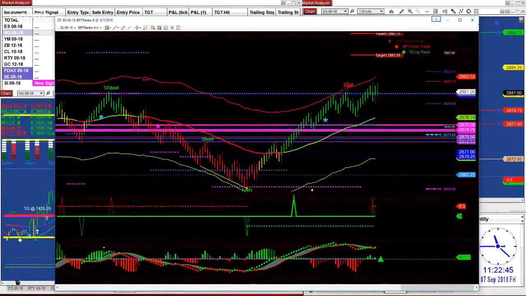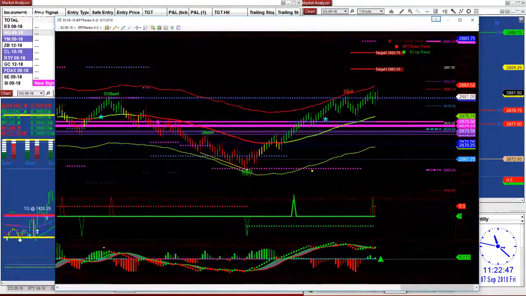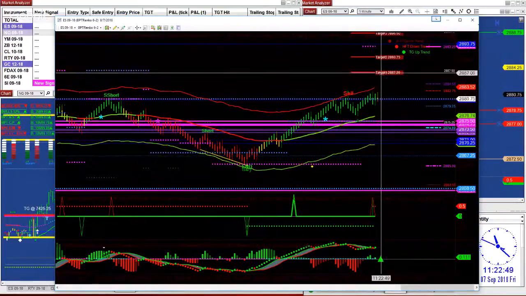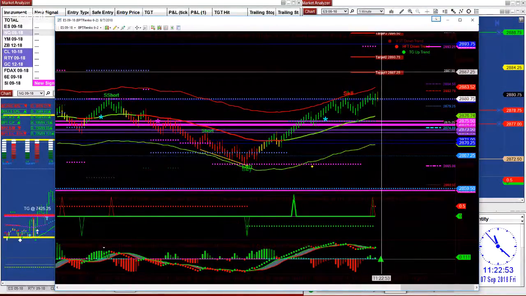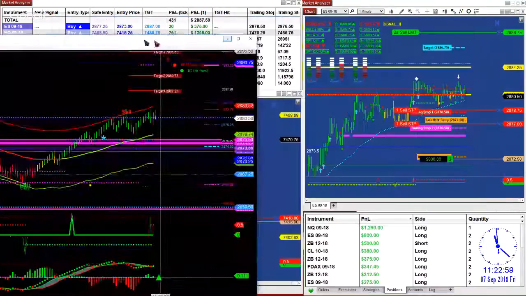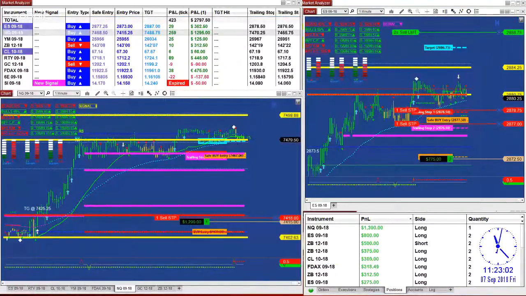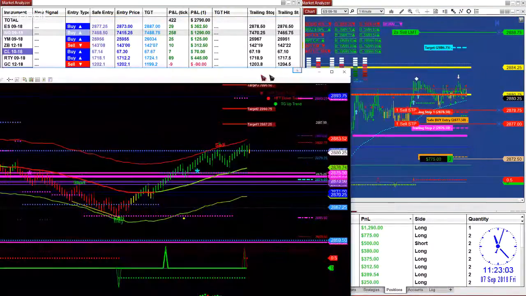What time is it now? 11:22. Look where the target is sitting. Those institutional numbers are 87.25. So I don't know if it's going to hit it before 12 or if it just finished.